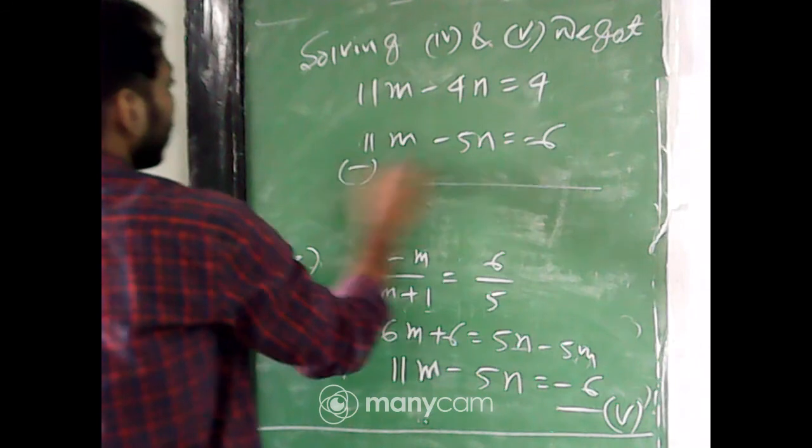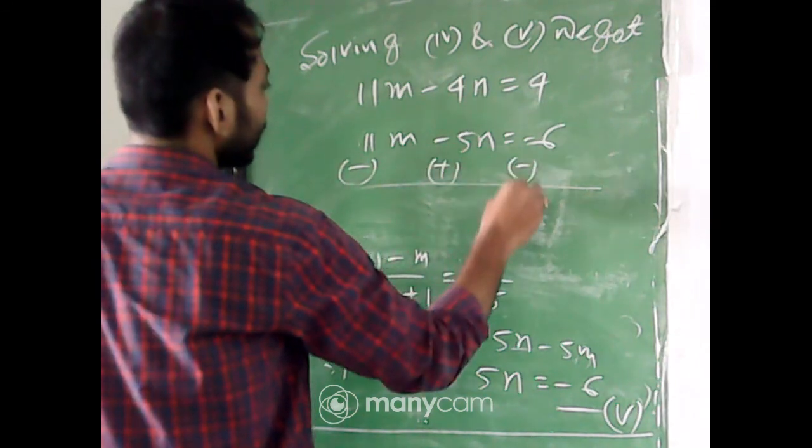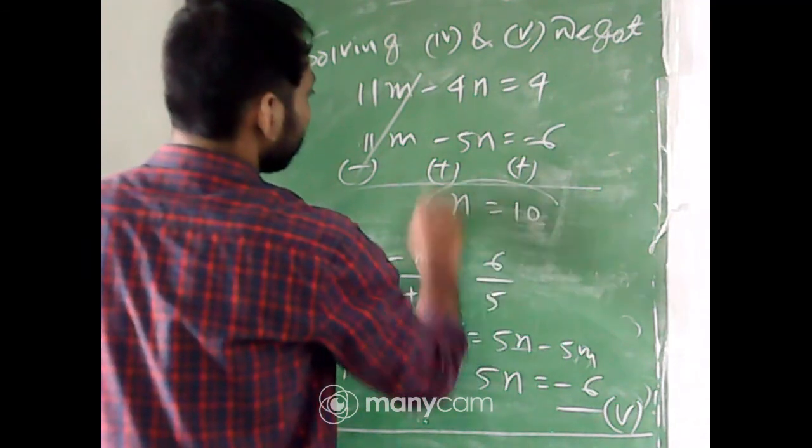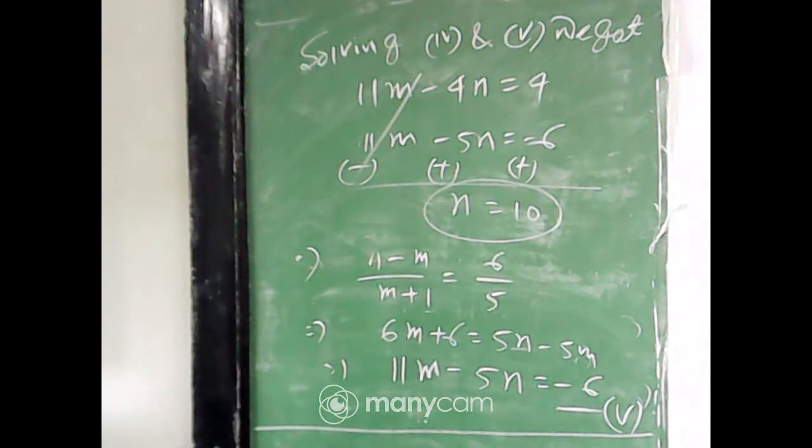So subtracting, sign will be changed. It will be n equals to 10. The value of n is 10.